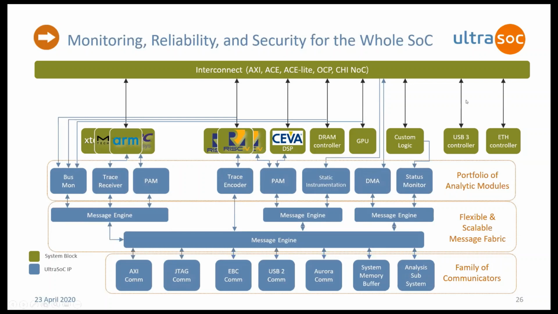So say you're running a debug session, you're running GDB over OpenOCD, and that talks through our hardware, through those blocks in here, the PAMs, to the debug modules within the RISC-V cores or other processors, and enables you to do the standard type debug, single stepping, breakpoints, observing memory values, and so on.